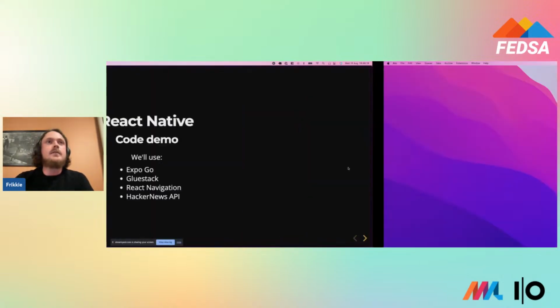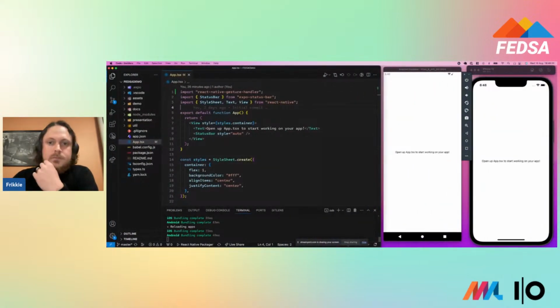So I will go to my code. What we're seeing here on the left-hand side, of course, is the code. On the right-hand side, you're seeing an Android emulator and an iPhone simulator. On the bottom, you can see a terminal that's running. What's being run here is called Metro Bundler.